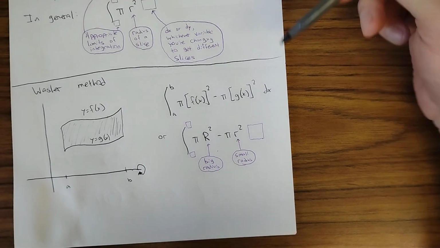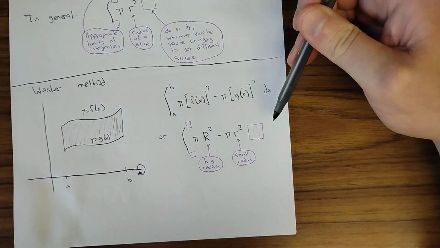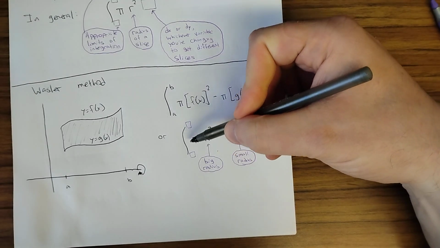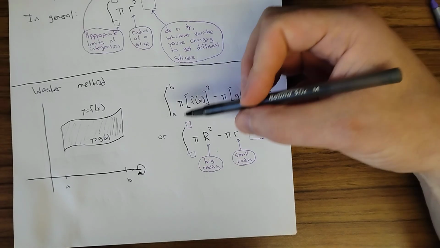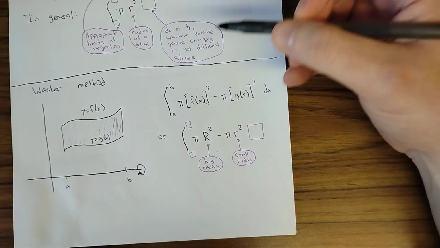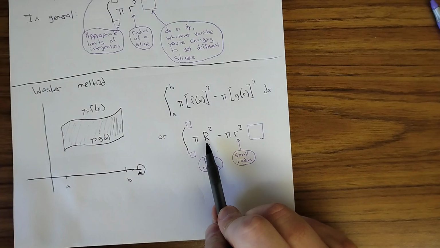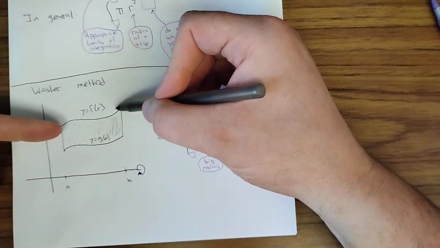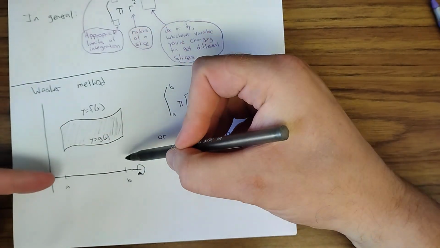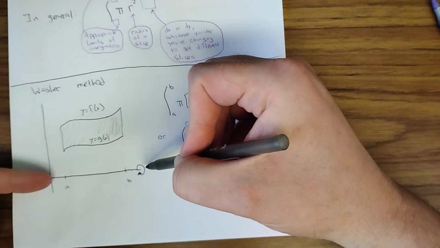In general, what I remember is this form. So there's going to be some appropriate limits of integration, whether you're integrating with respect to x or y. These are x values or y values. Then I'm going to do pi times the big radius squared. The big radius is the curve that's farther away from the axis of revolution.